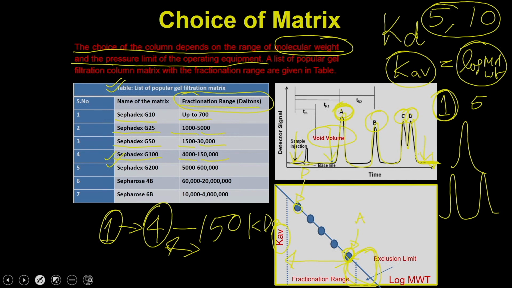For example, a 250 kilodalton protein is also going to come along with the 150 kilodalton protein, because you cannot go beyond the void volume. The protein cannot be eluted before the void volume, so everything will come within the void volume.